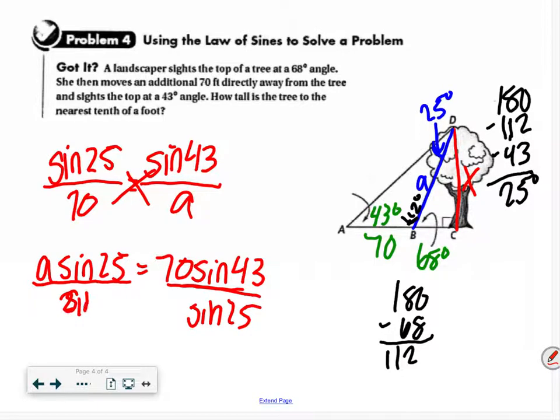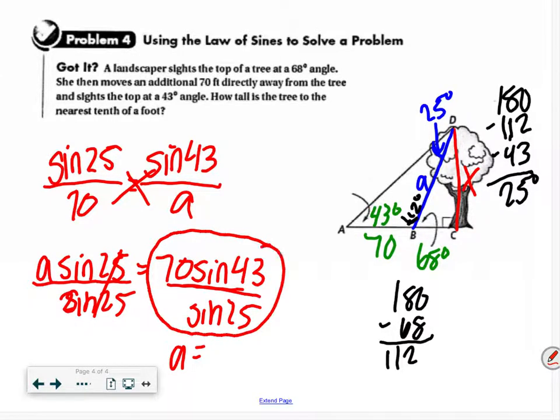Oh boy. Put all this into our calculator, and what do we get out? Give me 4 decimal places. 112.962. 112.9624.